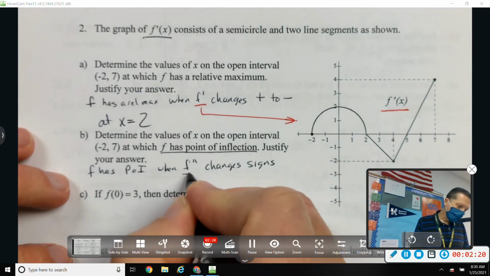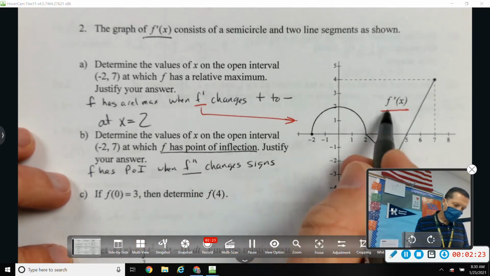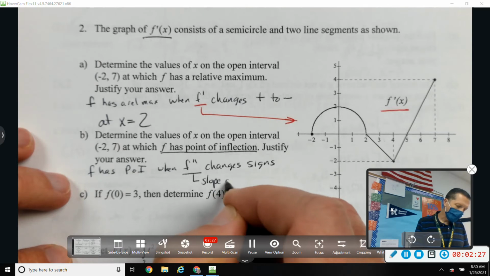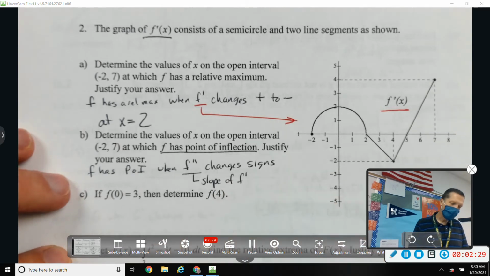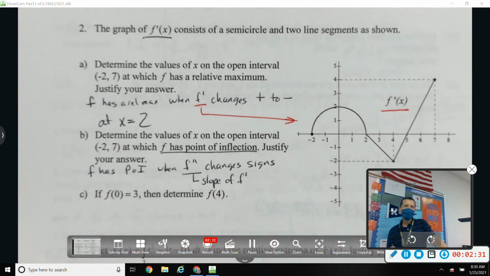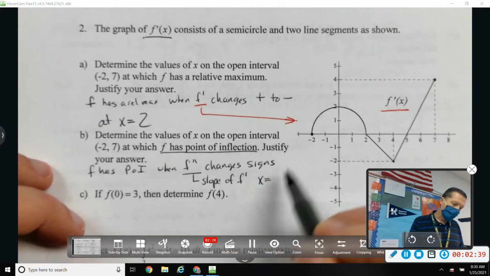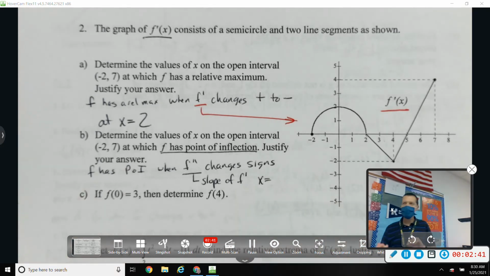I don't have any information about f double prime, but I know that f double prime is the slope of f prime. So I want to know when the slope of f prime changes signs, or when f prime goes from increasing to decreasing or vice versa. So you can phrase it either way.